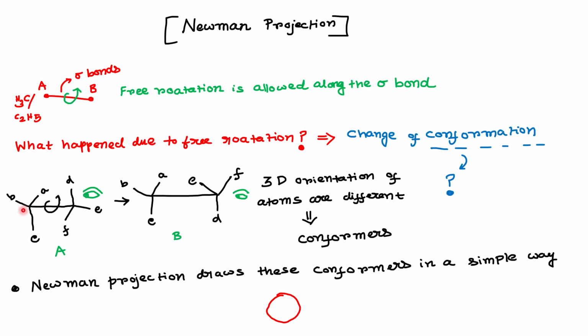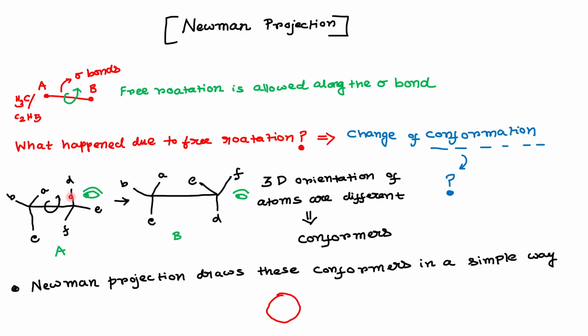Now you can see that these groups are oriented in space in a three-dimensional way. What is the difference between molecule A and molecule B? The main difference is the orientation of these groups.